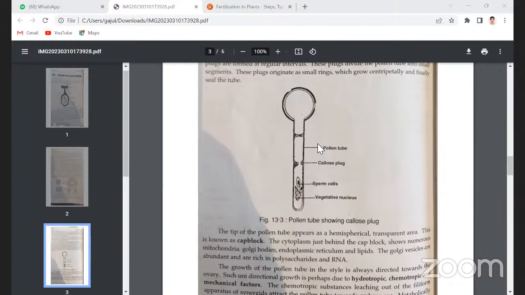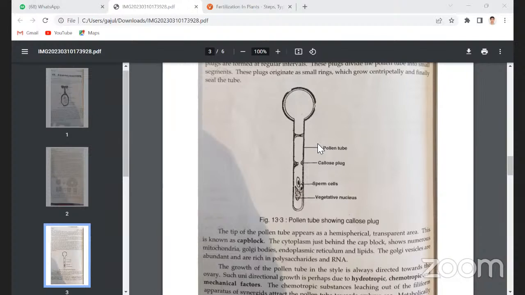So, the growth of the pollen tube in the style is always directed towards the ovary. Such unidirectional growth is perhaps due to hydrotropic, chemotropic, and mechanical factors.